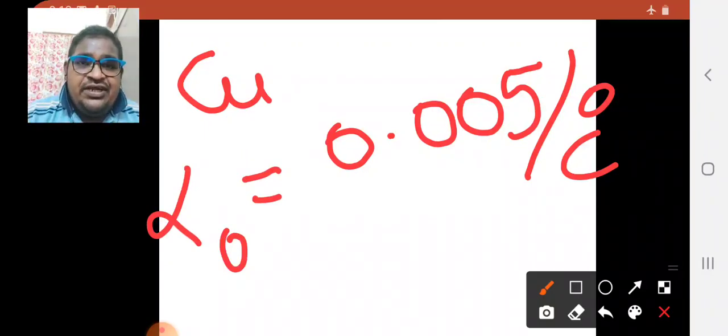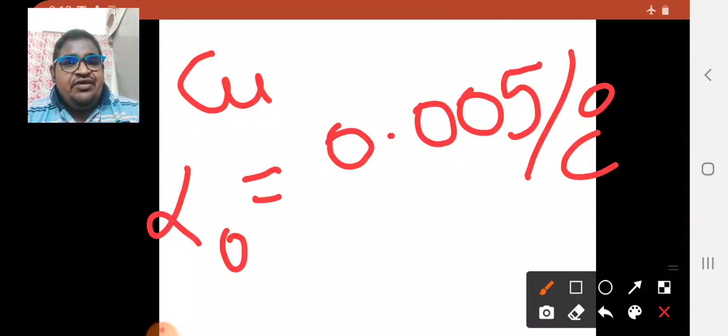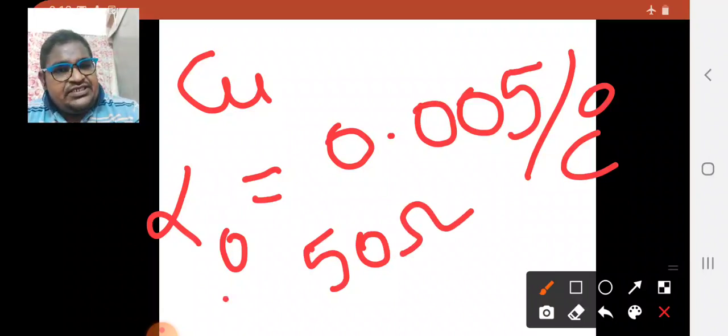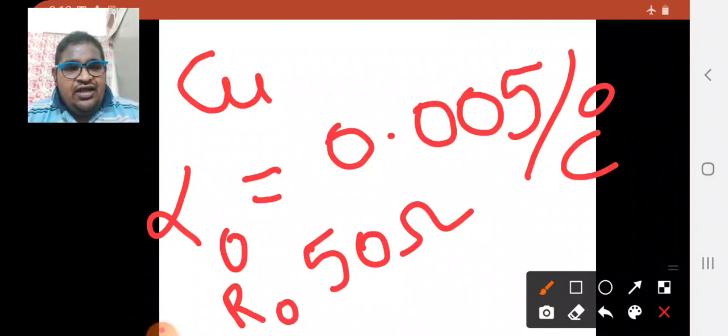And we assume that the resistance of copper at 0 degree centigrade is 50 ohms. Let this be R naught.